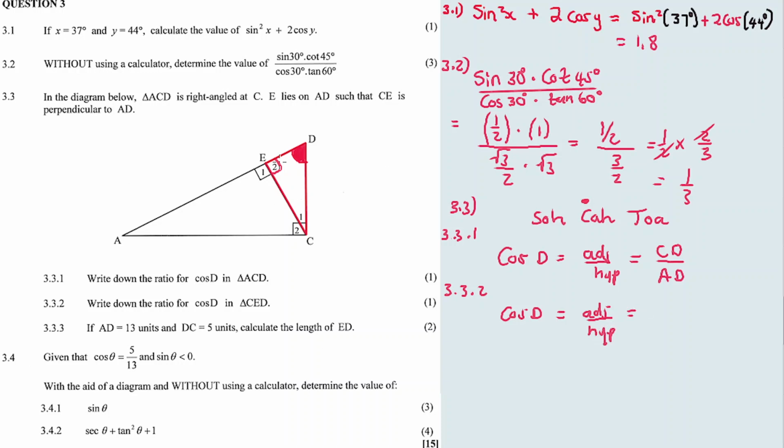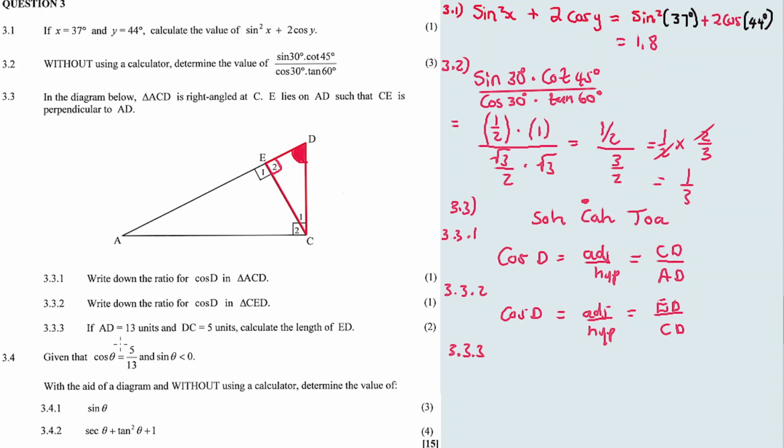So the adjacent side ubano ED over the hypotenuse, which is CD, right? Which is CD, yes, CD is the hypotenuse, is always opposite to 90 degrees. 3.3.3.